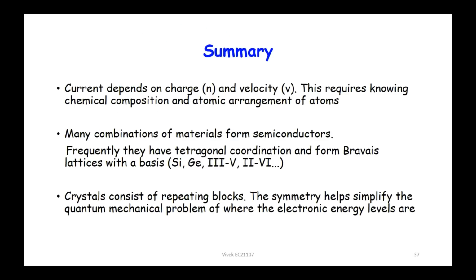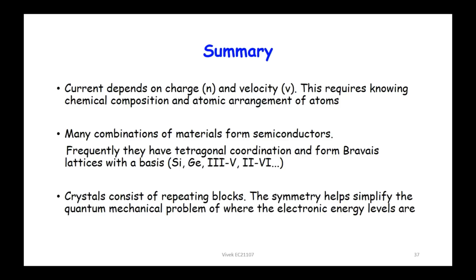So, summary: in the first lecture we discussed that current depends on charge and velocity, and this requires that we should know what factors will determine the charge and what factors will determine the velocity. Right now we are discussing what factors determine the charge. The charge comes from electrons, and electrons are in the crystal.